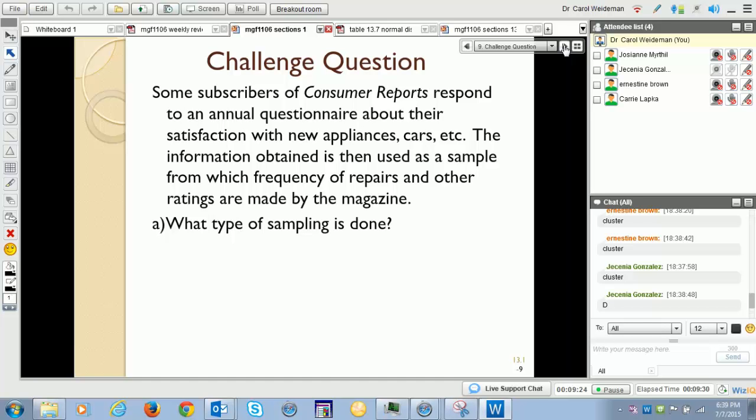Anybody want to try that? Well, this is really an attempted census, because what they actually do is they contact all the subscribers and ask them to fill out this questionnaire.